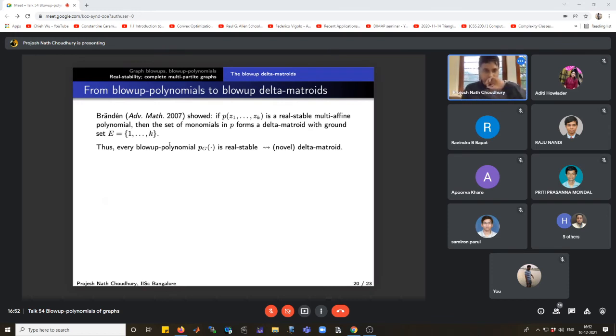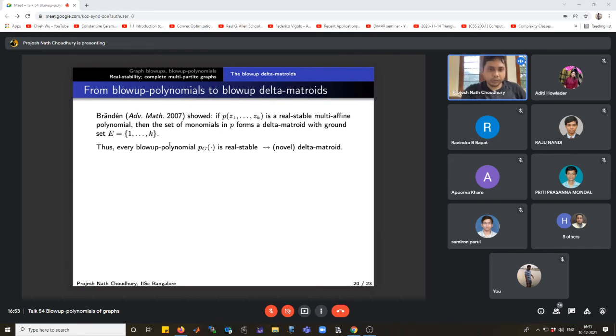Remember the Blowup-polynomial, which is real stable as well as multi-affine. So from the Blowup-polynomial, we obtain a delta matroid for every graph G.